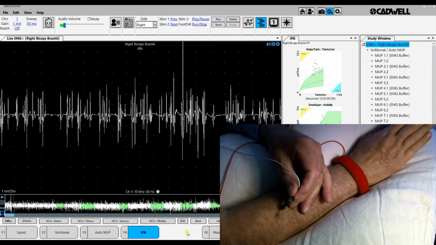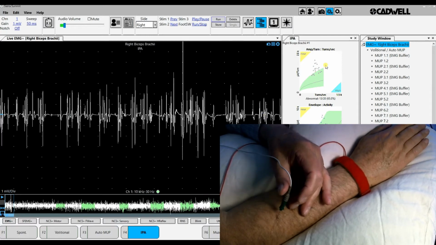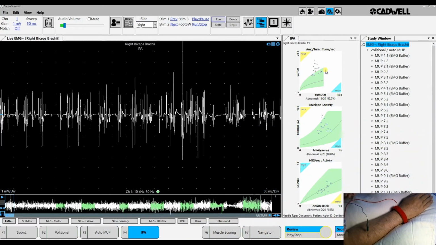Analyze, and now we have 20 dots, and you see that they are outside the normal limit. The green is the normal limit, so this is a slightly neurogenic situation.